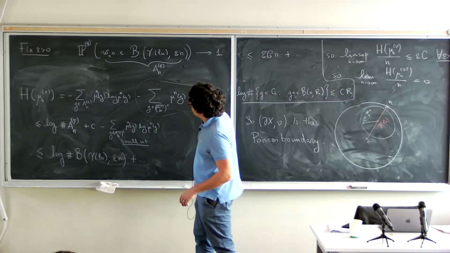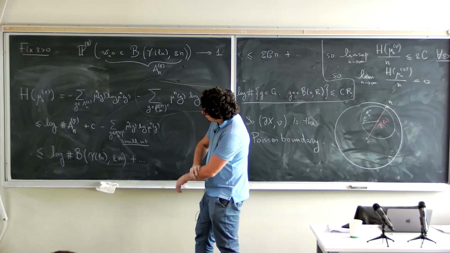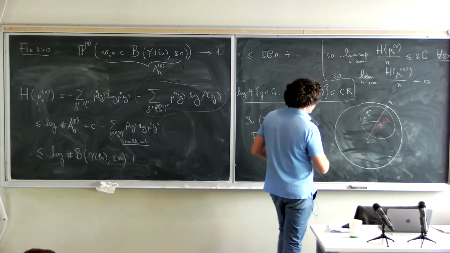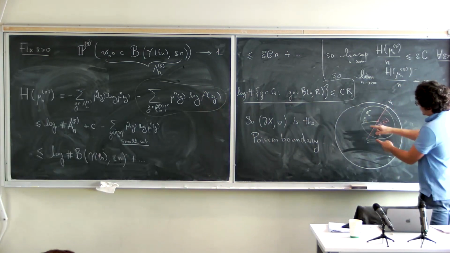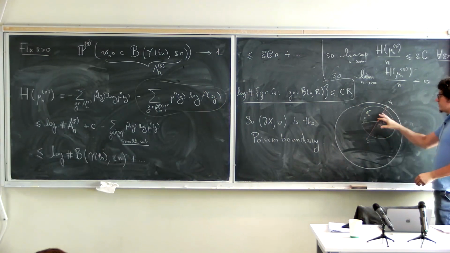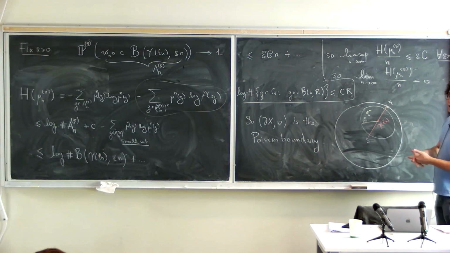It's not that simple. Or even when you don't have moment conditions, the issue is you cannot take the ball, because you don't really know that the walk is constrained in the ball. So there needs to be a more subtle argument.